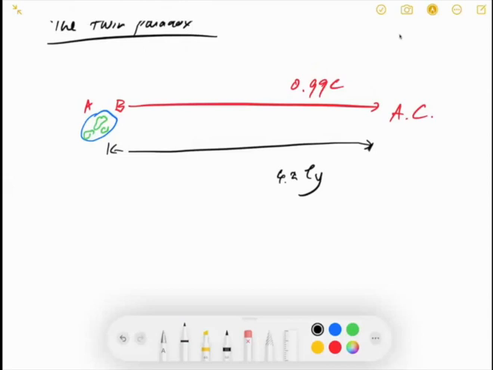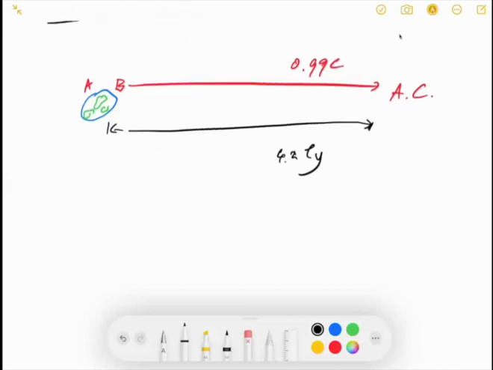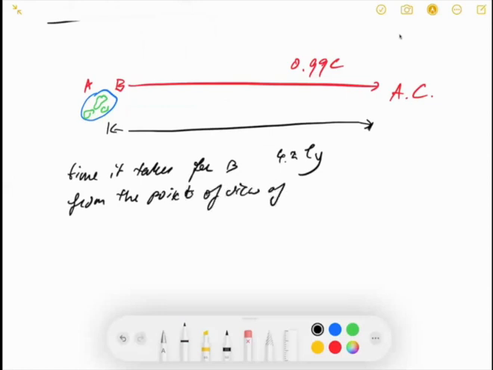So the calculation goes as follows. Well, we have the time it takes for B from the point of view of A, so that's the frame, let's call that frame S, in which Earth is stationary, not moving.